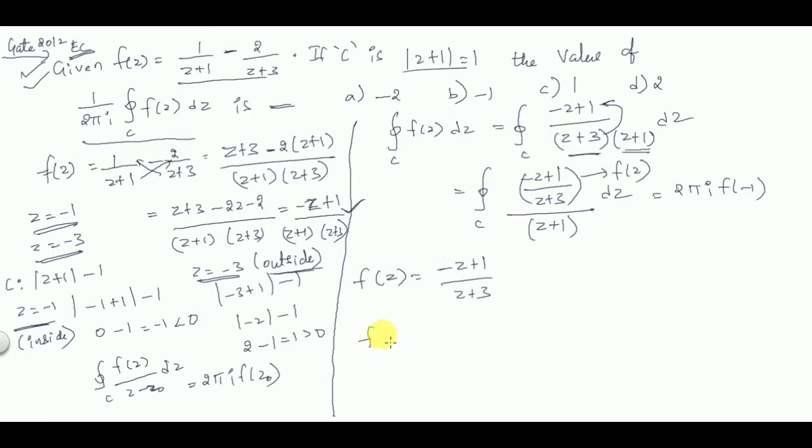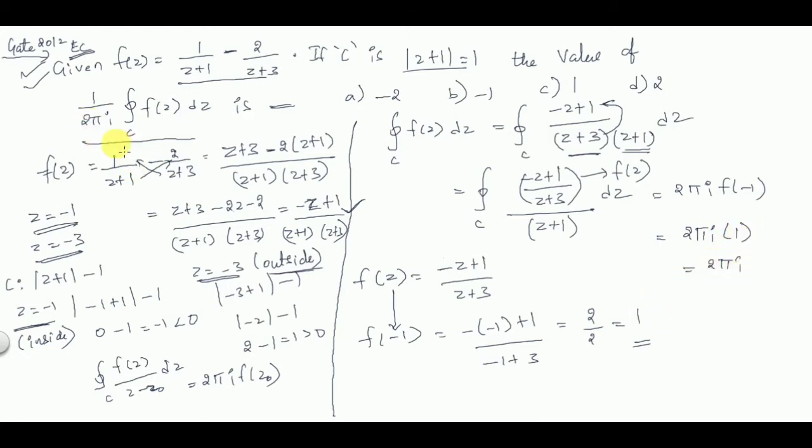Now we need f of minus 1. Just substitute z equals minus 1 here. So minus of minus 1 plus 1 divided by minus 1 plus 3, which is 2 by 2, equal to 1. So it will be 2 pi i into 1, which is equal to 2 pi i.